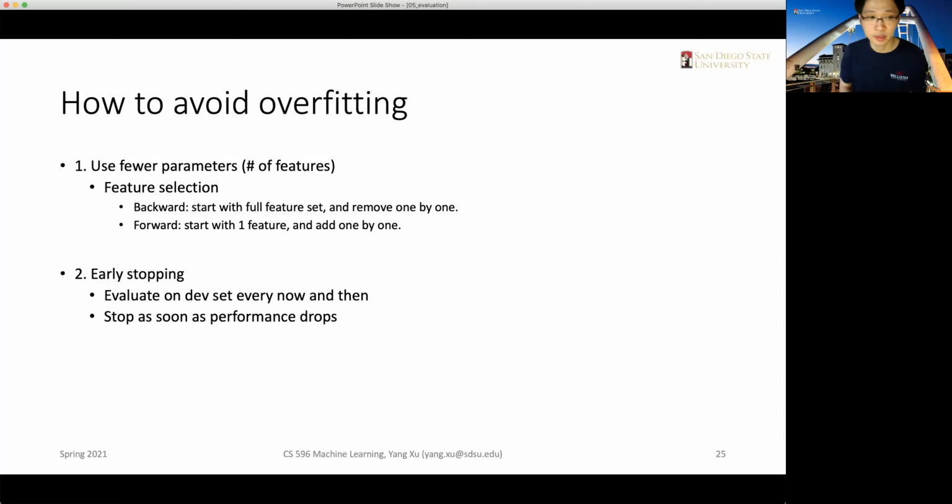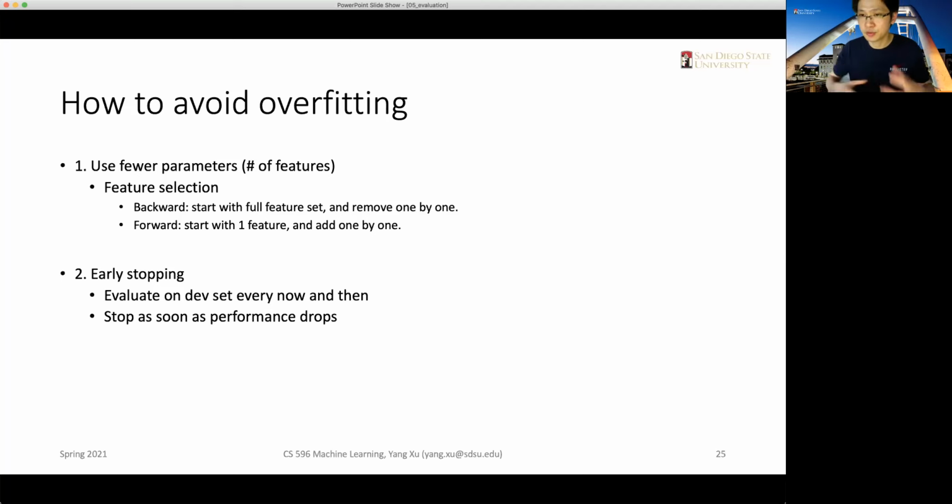It could be overfitting. So one straightforward technique is to not go that far. We can stop the gradient descent at earlier points. We should stop as soon as the performance on the dev set drops.